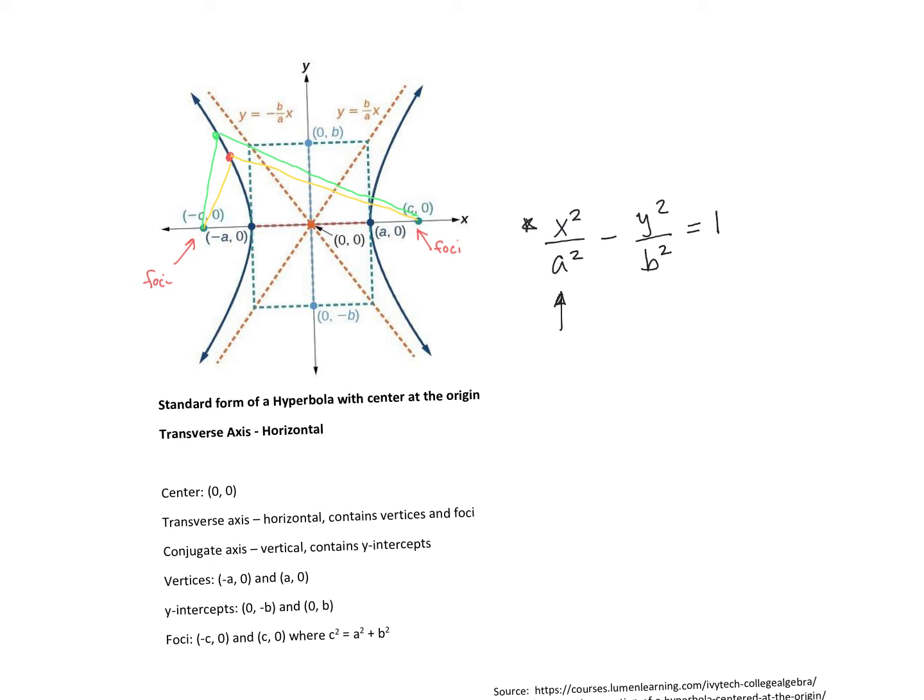Notice that the center is 0, 0. We have two axes. One of them is called the transverse axis, which contains the vertices and the foci. So our vertices are these two points here, and of course the foci we've already marked. That's the transverse axis, and then the other axis, the line that goes right between those two pieces, is called the conjugate axis, and that will contain any y-intercepts if we have any.